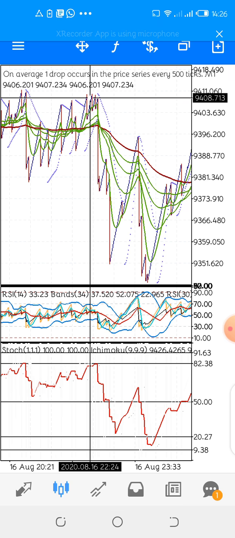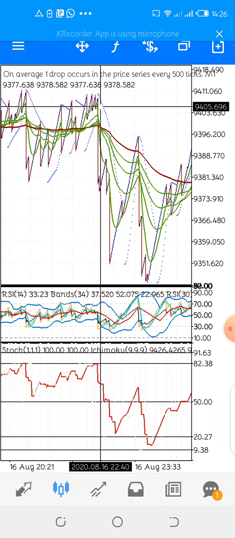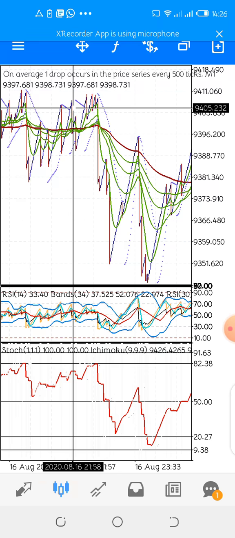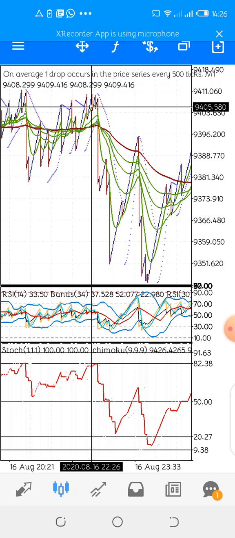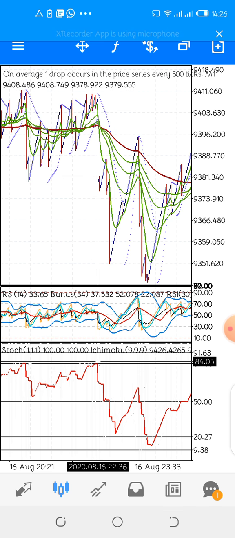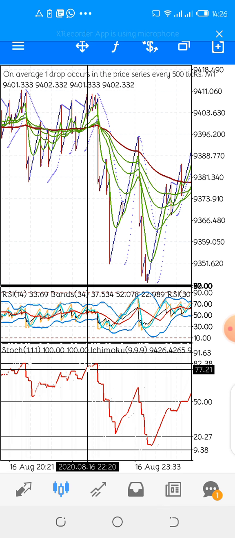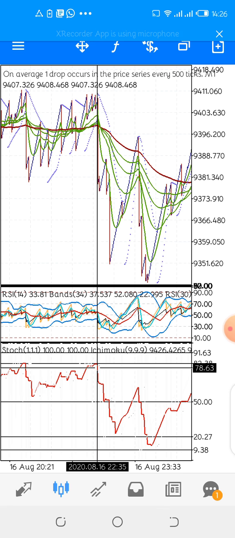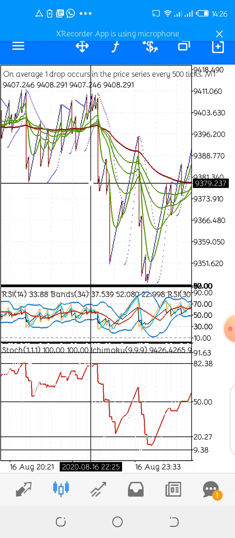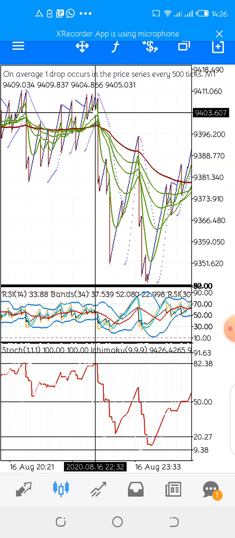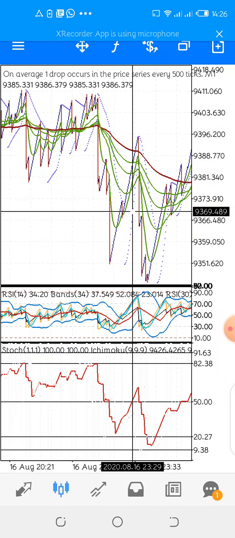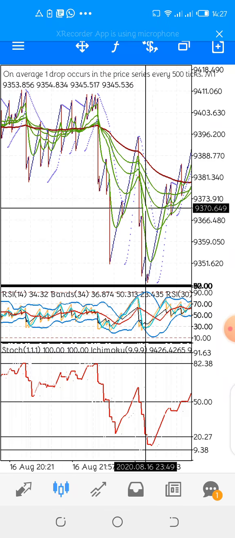And even if you check at that time, our parabolic SAR most of the time had been on the top level, and even come and check our Ichimoku, we had been on oversold level. So the price didn't have the strength to go up again, especially after consolidating on this moving average 300 for so long. So it had to break free, and that was now the beginning of the downtrend.